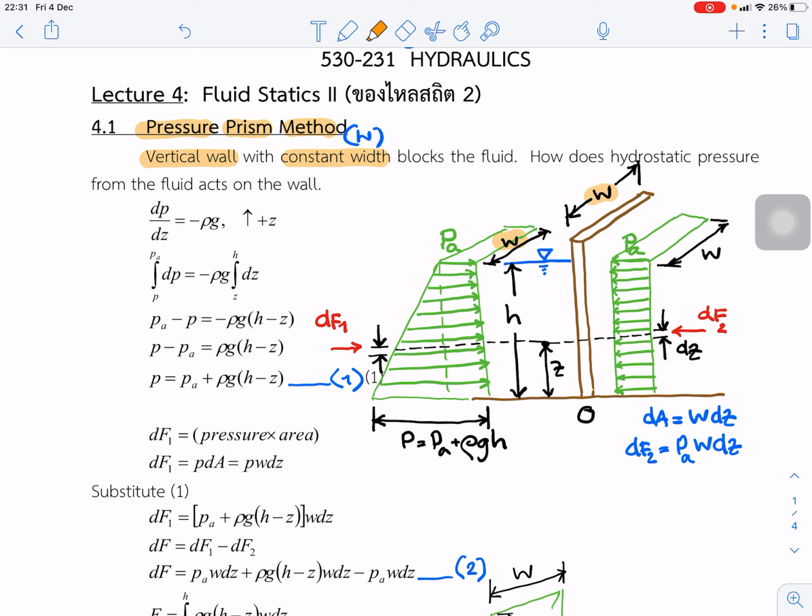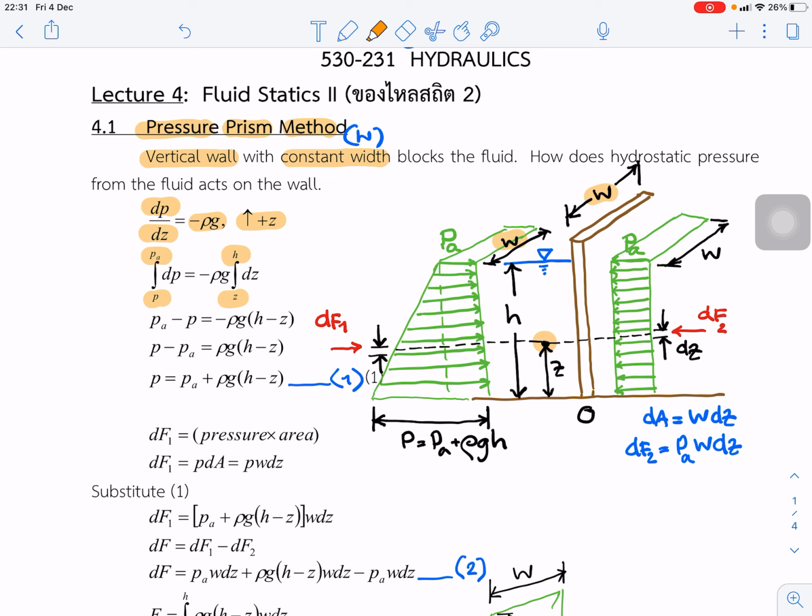We apply the hydrostatic equation dP over dz equal to minus rho g, assuming upward is positive. We integrate dP from P to PA and z from z to H. PA is the pressure at the surface.